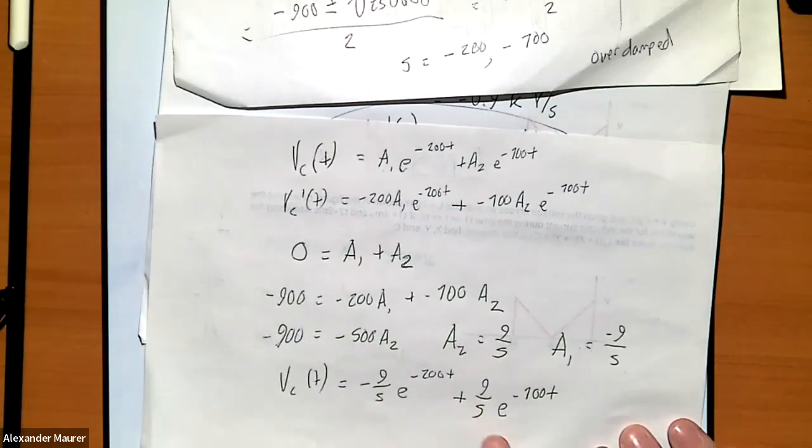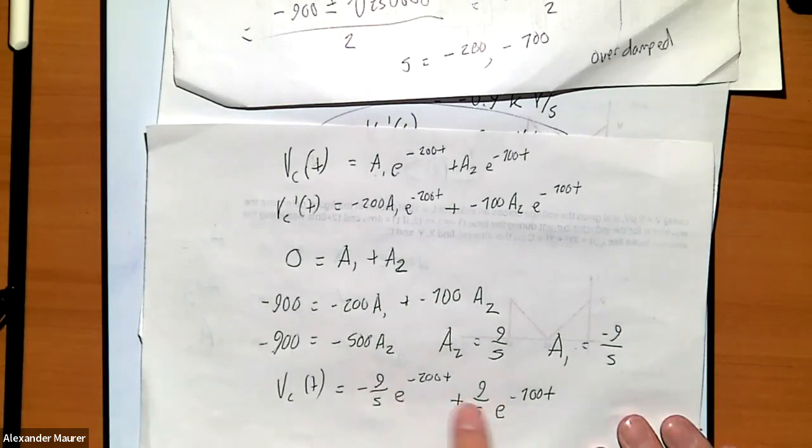I just have a couple notes at the end about what this tells us about our solution. For a given amount of time, this one decays much quicker. Our initial capacitor voltage is 0.